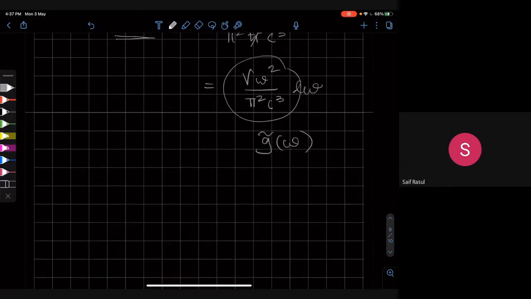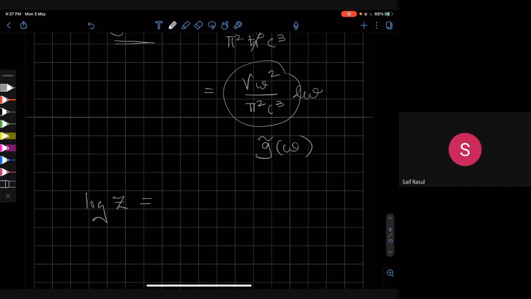So we get our partition function, which is log of z, is going to be, well, sorry, it'll be a minus sign, and you'll see why the minus sign, and then 0 to infinity d omega.